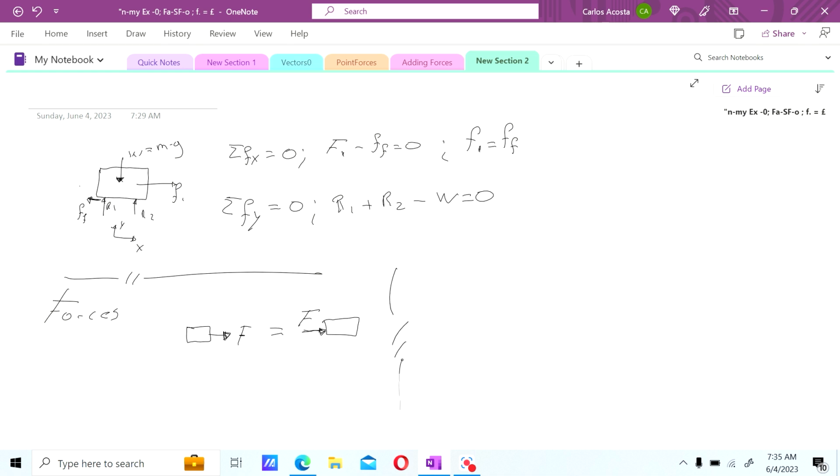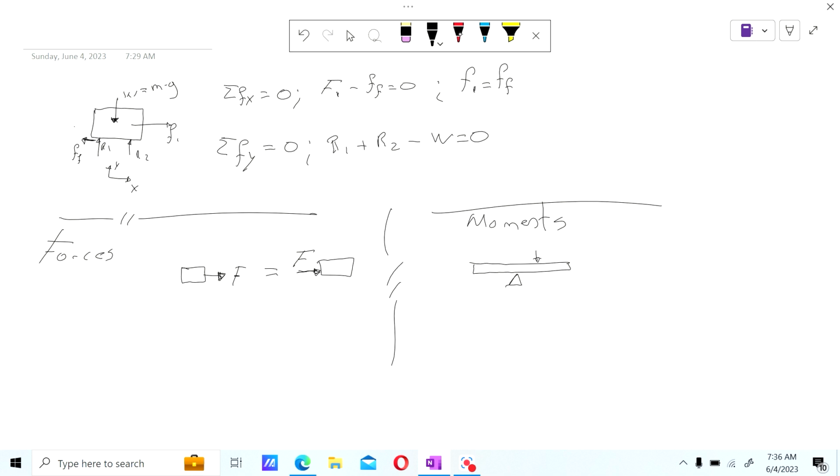Now, in moments it is not the case. If you have, and we'll talk about that in a minute, a force here, it's not the same as if you have the force here, because this distance is greater than this distance.